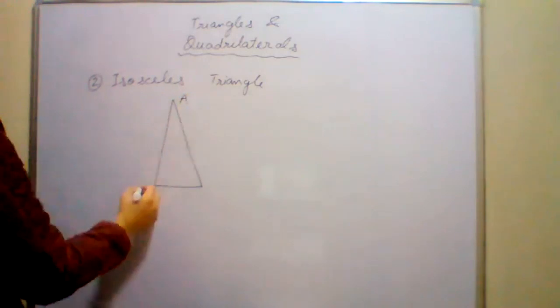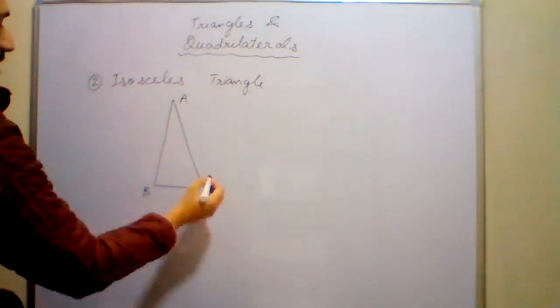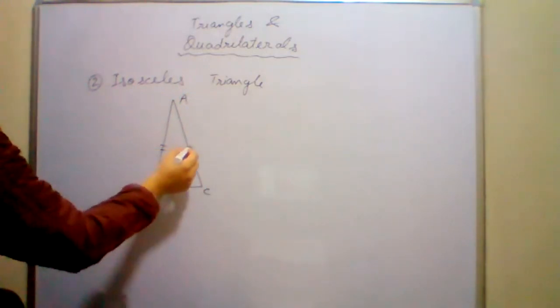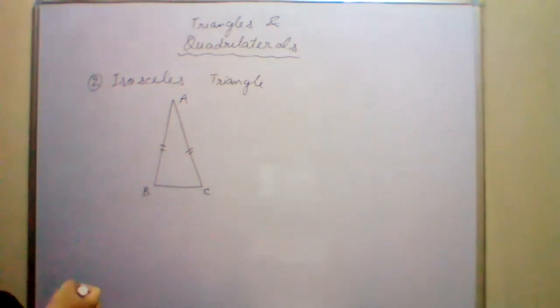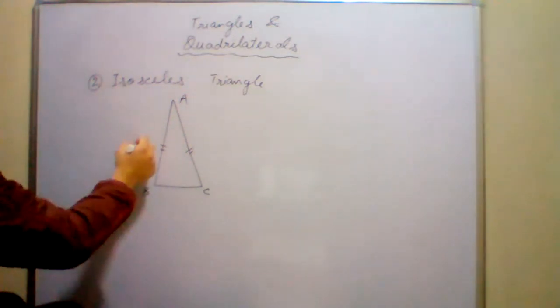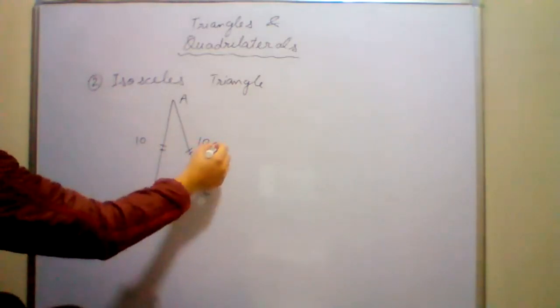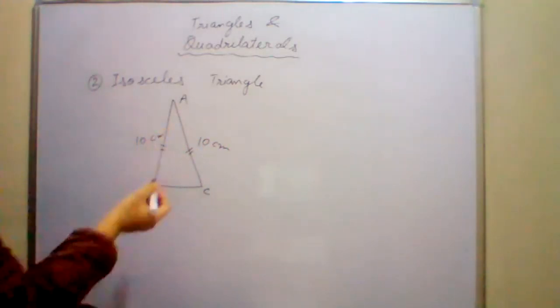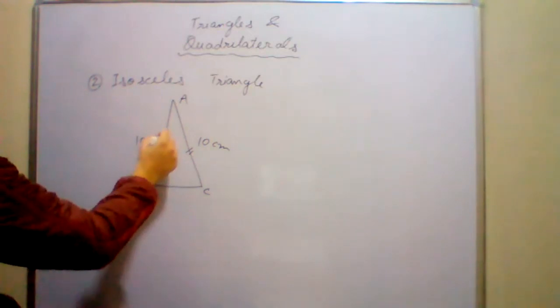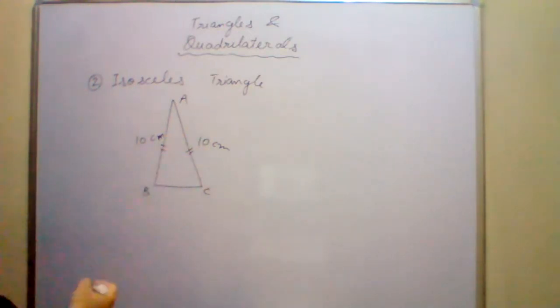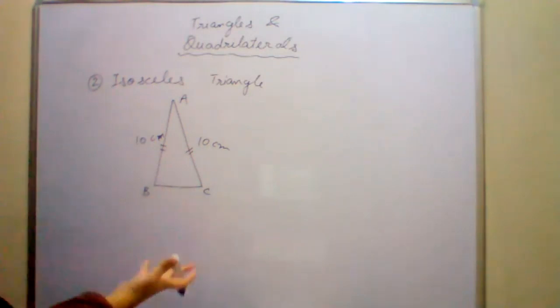So if the triangle is ABC, any two sides could be equal. The side AB is equal to side AC, and you can see that the length of BC is different. So if one of these two sides is 10, then the other will also be 10 centimeters. The third side could be of different length.